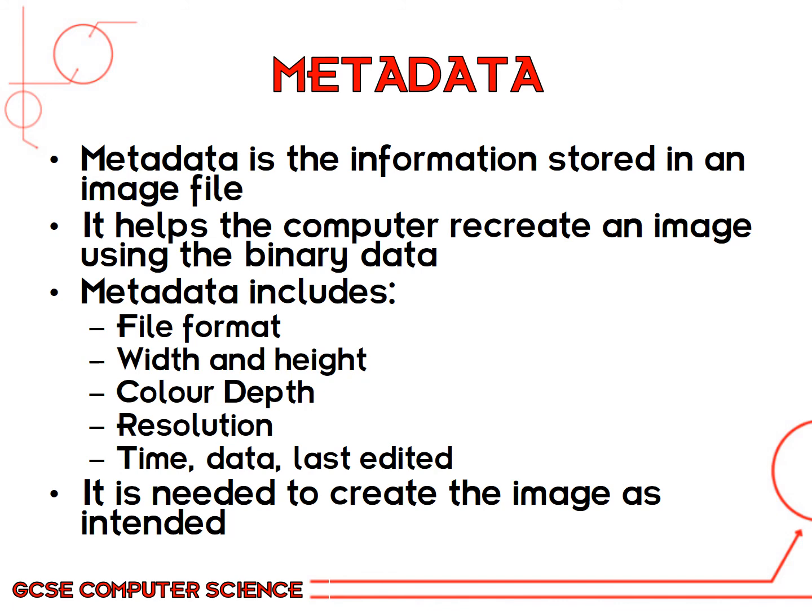It knows the color depth, so if the bit rate changes from 16 to 24, that's going to change the amount of ones and zeros to be read at each time. It tells you the overall resolution, so how many dots per inch there are, and it also gives you information about the time, so when it was created and when it was last modified. Finally, all of that information is used to create the image as it's supposed to look on your screen.